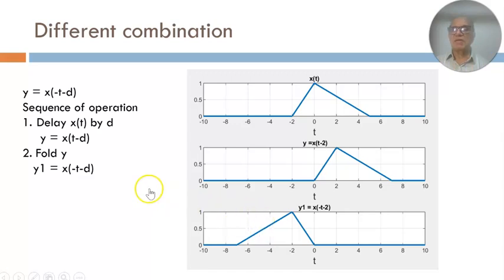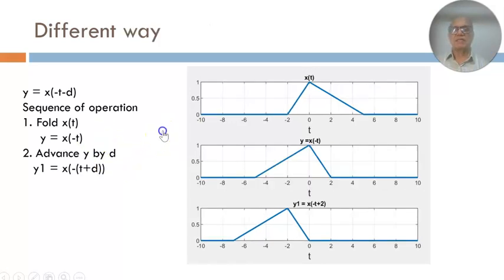Now the same result can be obtained by changing the order of operations and then changing the nature of the time shift. So let us see that case also. So again, we want the same x of minus t minus d. So in this case, now what we are doing is, we are doing the folding operation first, and then we are doing advance. Remember, in the previous case, what we had done was, we had delayed first and then folded.